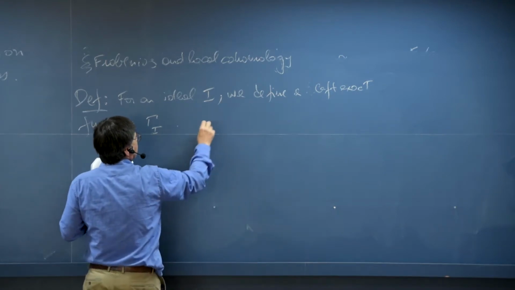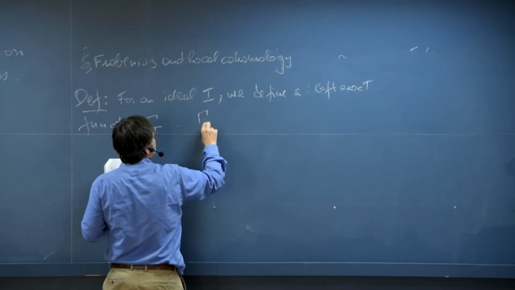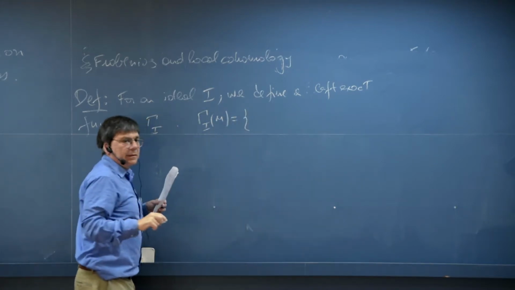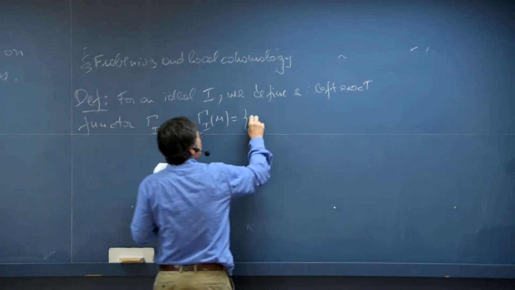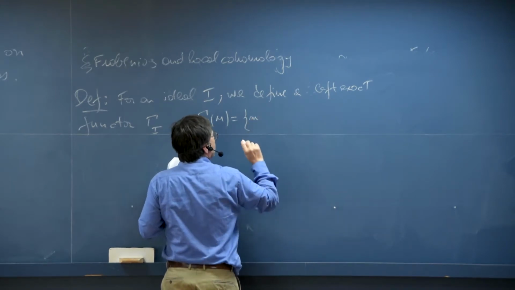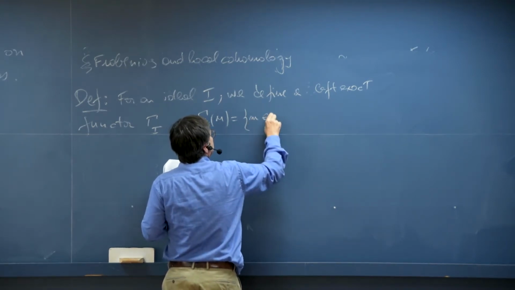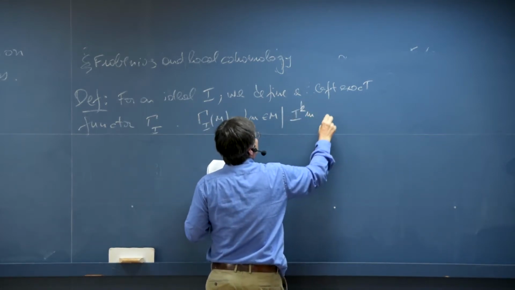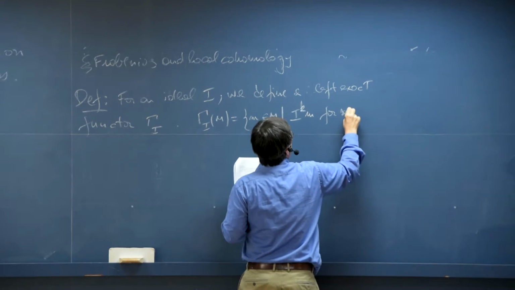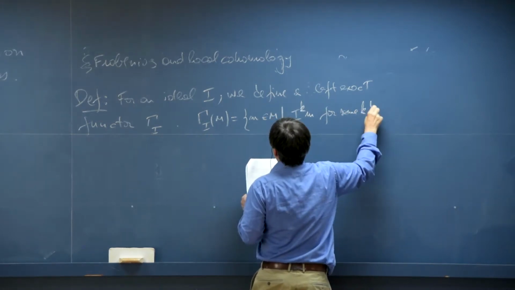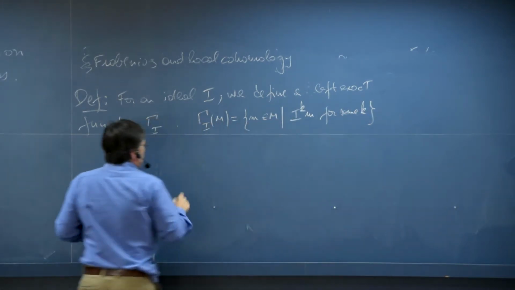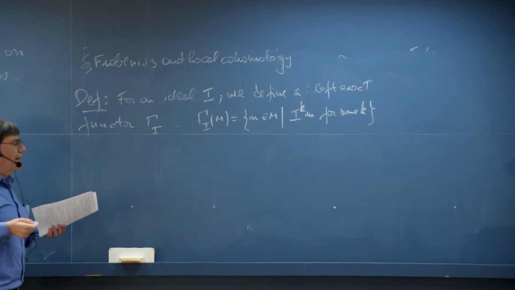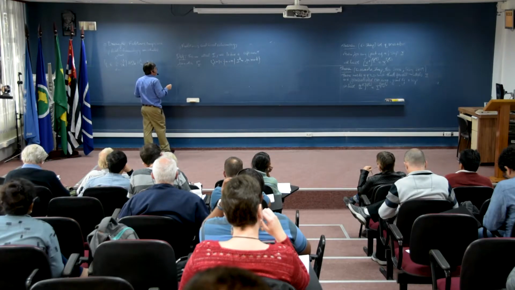And the way you define this is that if you apply this to a module M, then this is going to give you the submodule of this module M, which consists of elements with some property. And the property is that I to the k kills this element for some k. Okay, so you can apply this to R modules, and you can apply this to maps between R modules. That gives you a functor which is left exact.